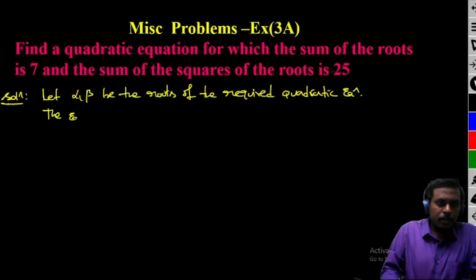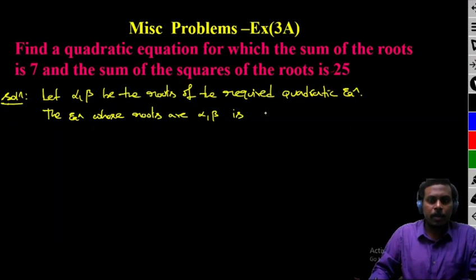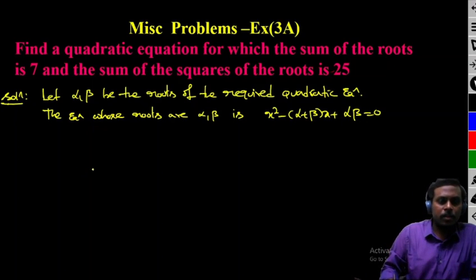The equation whose roots are alpha, beta is given by x square minus alpha plus beta into x plus alpha beta is equal to 0. This result we have studied earlier.